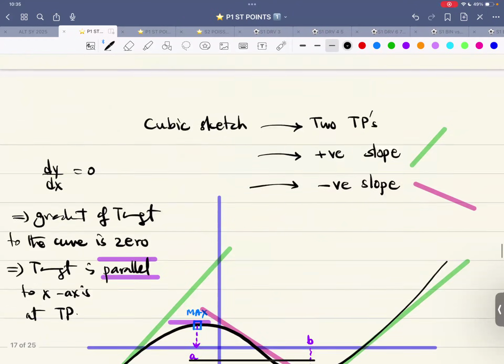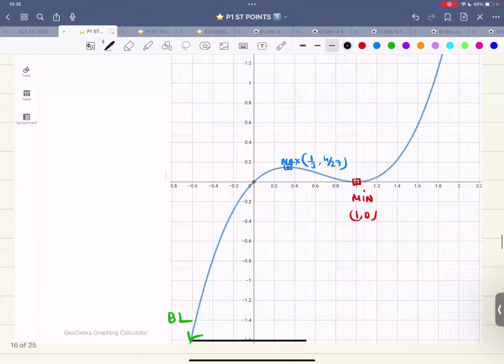So that is the idea over here. Again, we can have a look over here. If I am interested in positive slope, that is to the left of this x coordinate, so x is lesser than 1/3. That is to the right of this x coordinate, that is x is greater than 1.